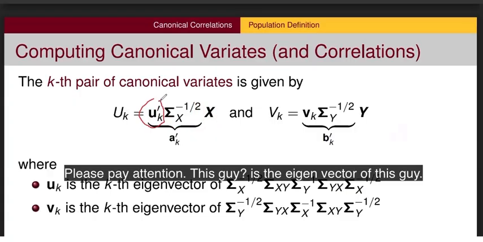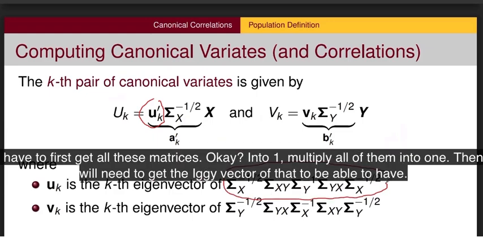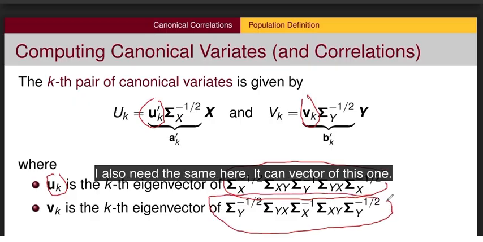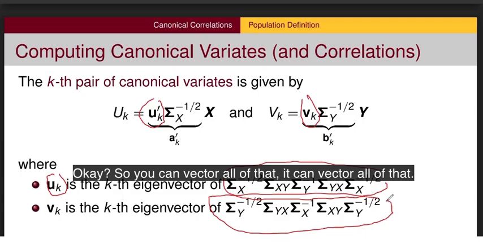This guy is the eigenvector of this guy. I have to first get all these matrices, multiply all of them into one. Then I will need to get the eigenvector of that to be able to have access to UK. If I want to get access to this one, I also need the same here, the eigenvector of this one. So eigenvector of that, eigenvector of that.